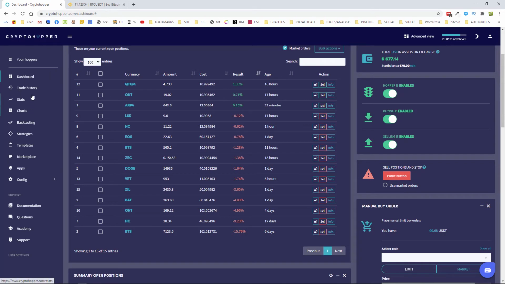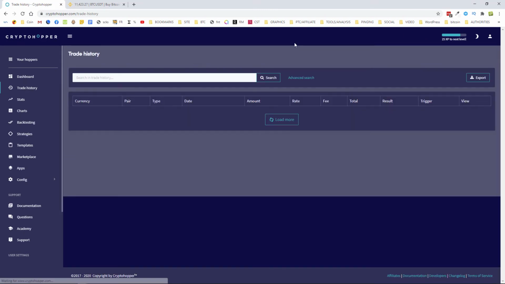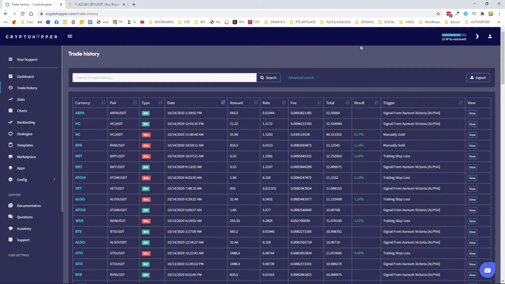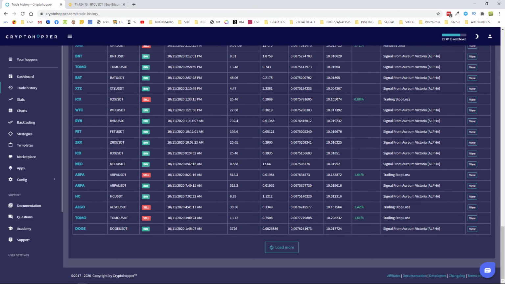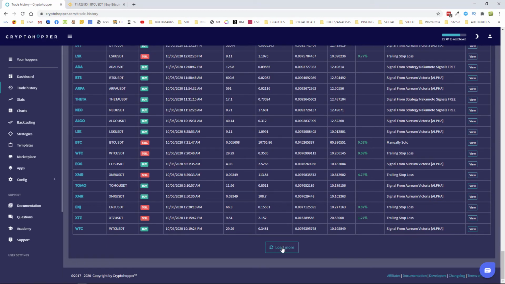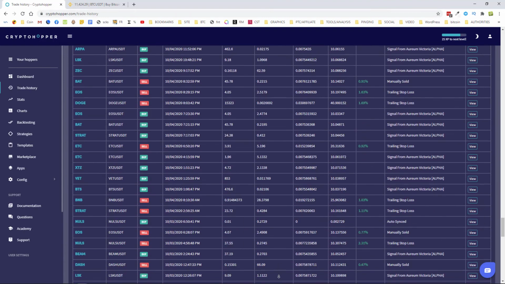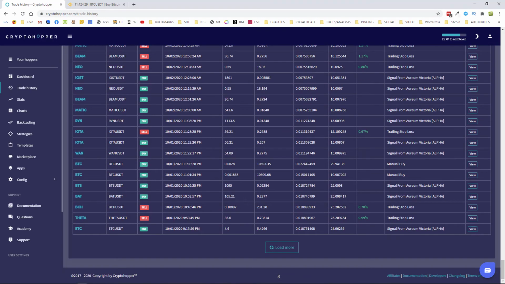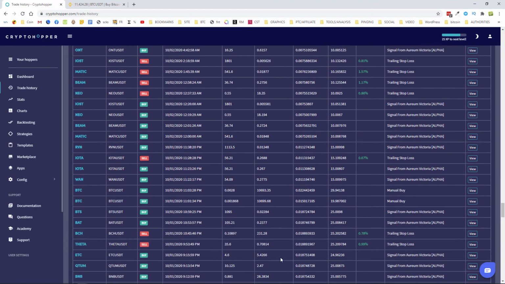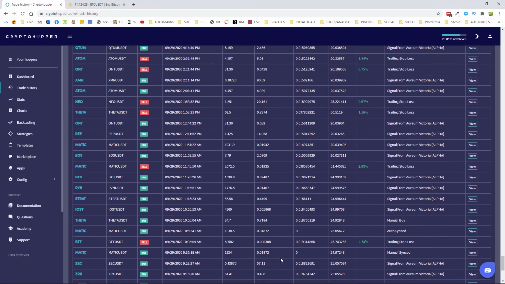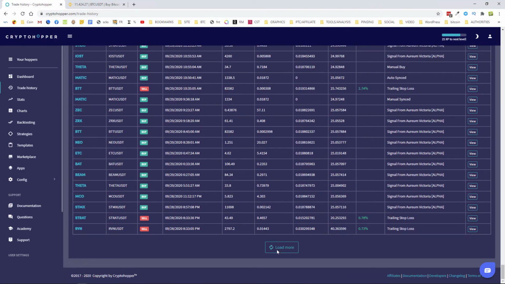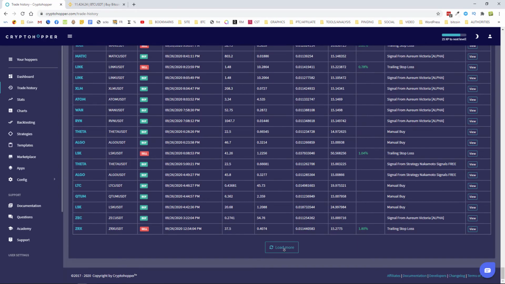So what I want to do now is I want to show you my trade history. As I mentioned, I've been going with this since the 22nd of October, and you will see that I've been making consistent profits ranging from just over 0.2 to 1.6%, and sometimes more every trade.